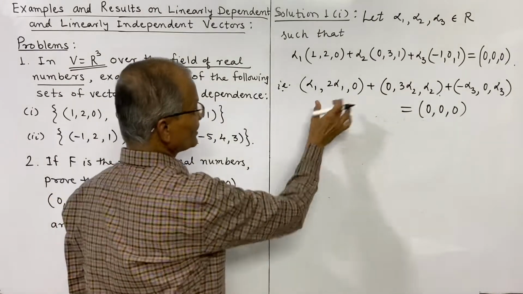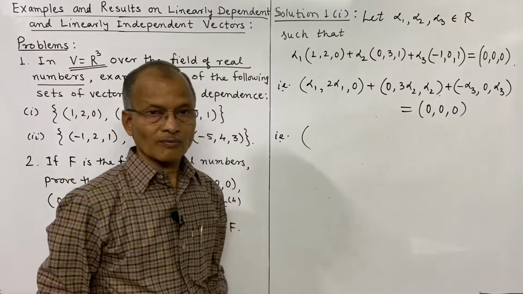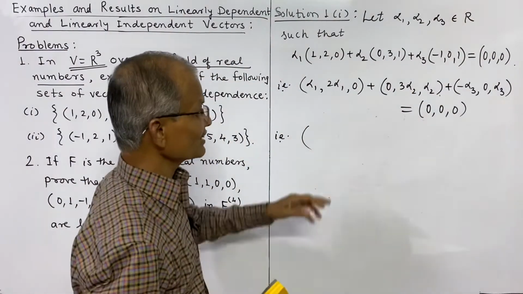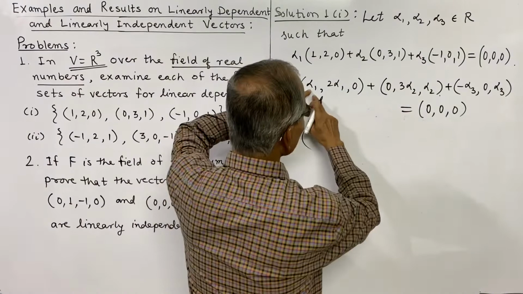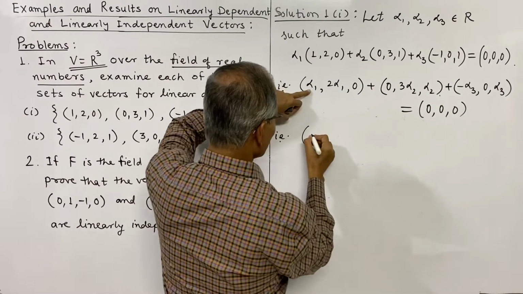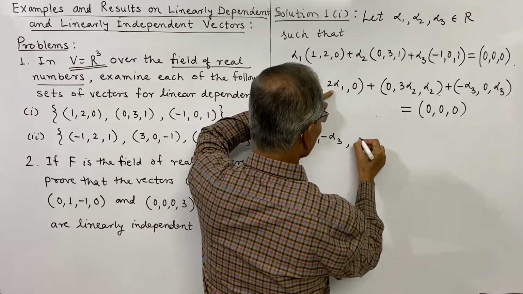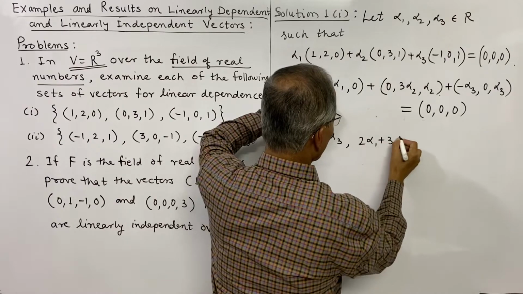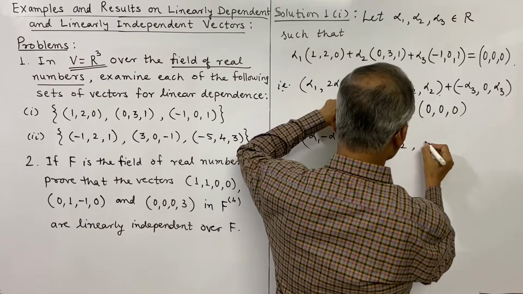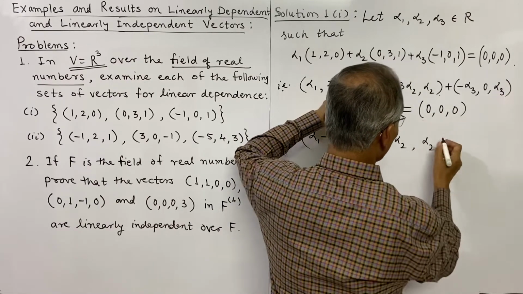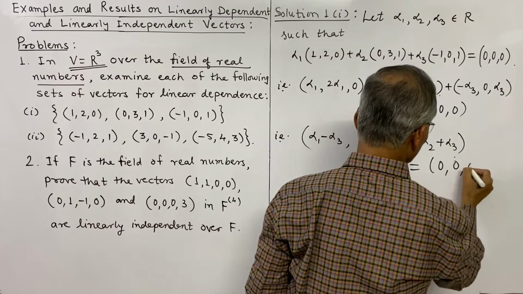And again we shall simplify the left side, that is, how to add these triplets. For addition we defined earlier that component-wise addition is done. The first component gets added to the first component, that means alpha 1 plus 0 minus alpha 3, that is alpha 1 minus alpha 3, and 2 alpha 1 plus 3 alpha 2, and the third is alpha 2 plus alpha 3, and this is equal to (0, 0, 0).